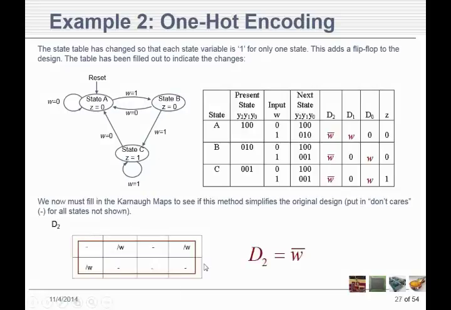So we start filling in our Karnaugh maps. I know it's a 2 by 1 because I've got 3 state variables here. So even though I'm not showing the other states, I know there's a 0, I've got 1 here, I've got 2 here, there's a 3, this is 4, and then there's 5, 6, and 7.